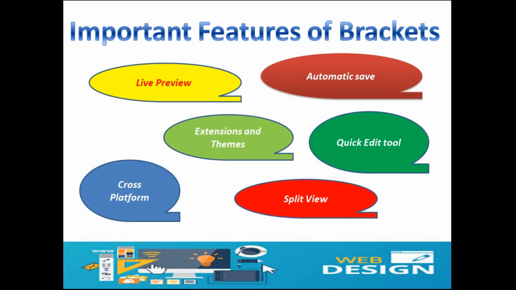After that, automatic save. See, before discussing the automatic save, we have to learn about extensions. What are the extensions and themes? There are various types of extensions used in case of Brackets. That means the autosave is also a type of extension which is already added in Brackets.